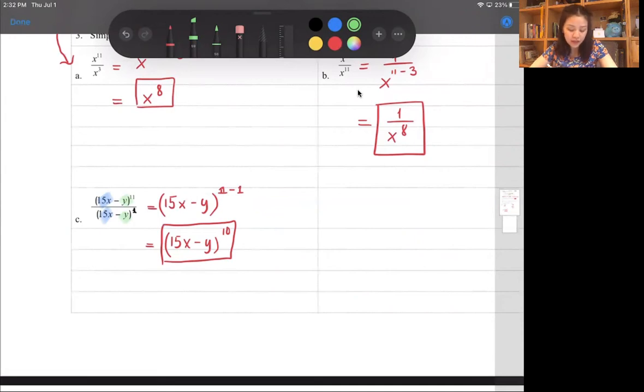Because in 15x minus y divided by 15x minus y, the terms are combined with each other. You see plus and minus, meaning the terms are combining. You cannot do that. If they multiply, then yes, you can cancel the same term on the top with the same term on the bottom. But since they combine, we cannot do that. It's a very, very popular mistake.